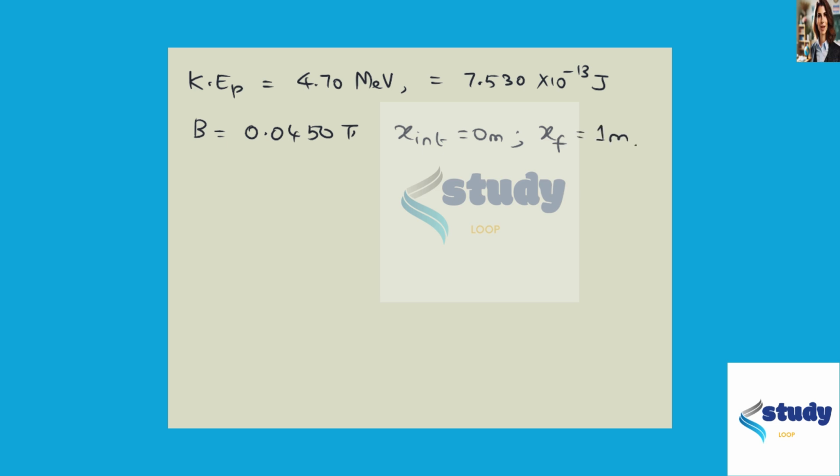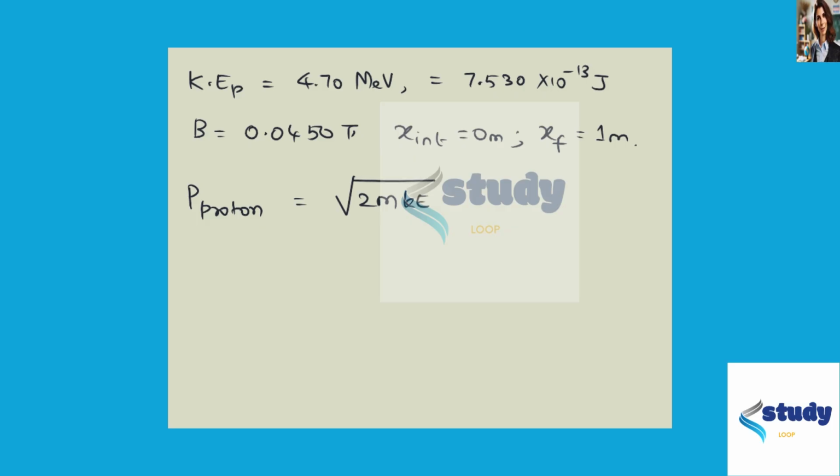First we have to calculate the y component of the momentum of the proton. For this we first calculate the general momentum of the proton. Momentum of proton is equal to √(2mK), where K is the kinetic energy.